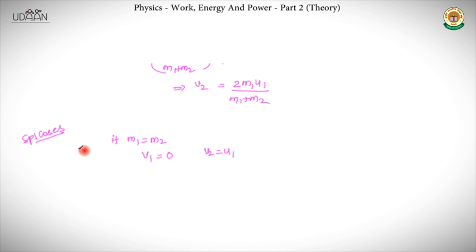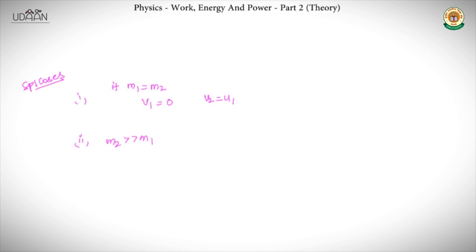And suppose m2 is far greater than m1, that is, the mass of the second body is far greater than the mass of the first body.